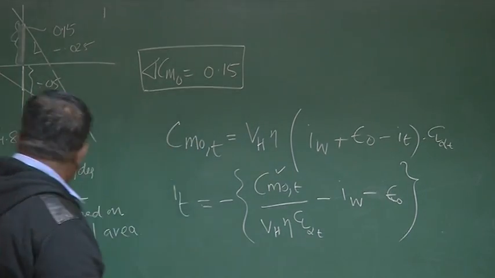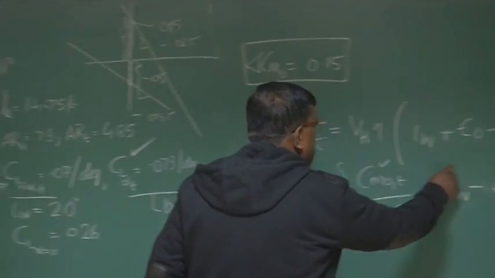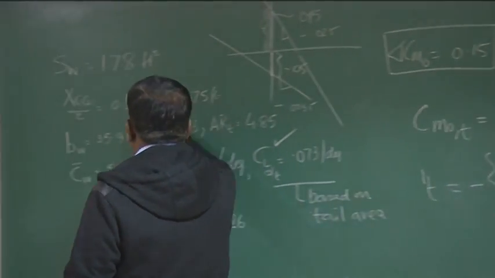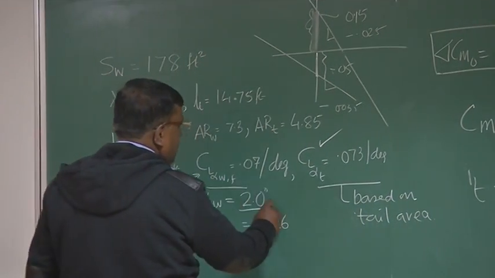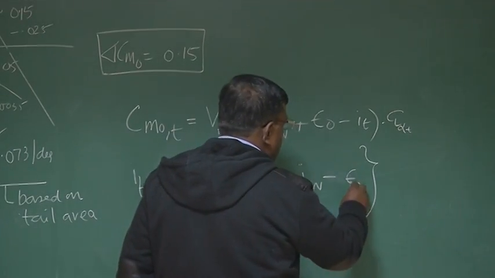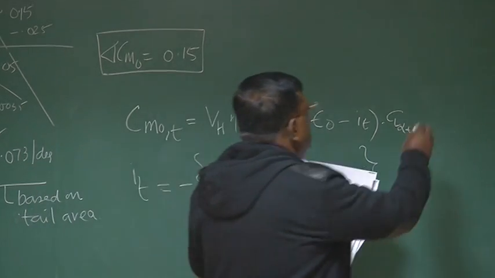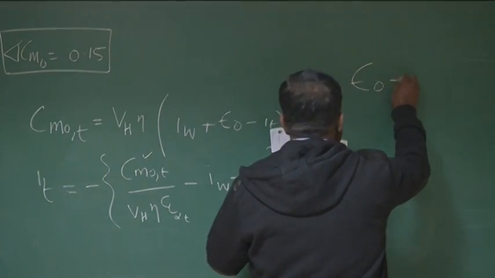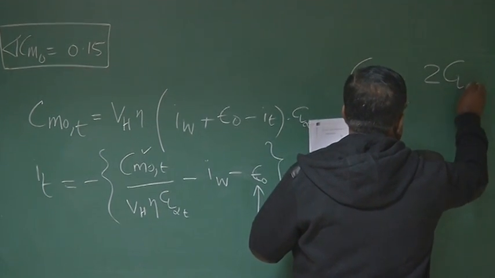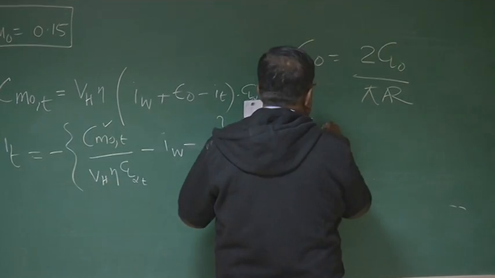Cl alpha tail is also given here, right? Iw, the wing setting angle, is 2 degrees, given here. Epsilon naught, right? How do I find epsilon naught? For finding epsilon naught, epsilon naught is 2Cl naught by pi aspect ratio, and Cl naught is given.